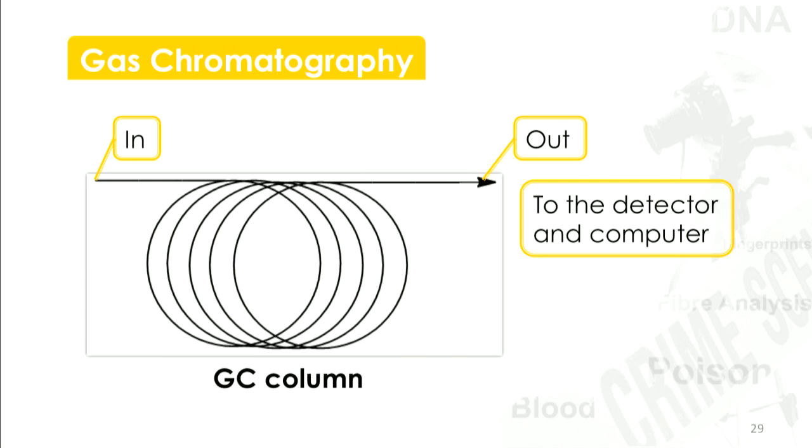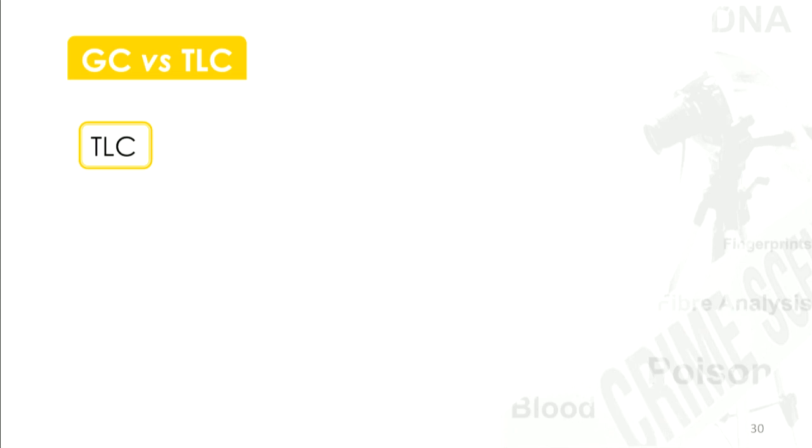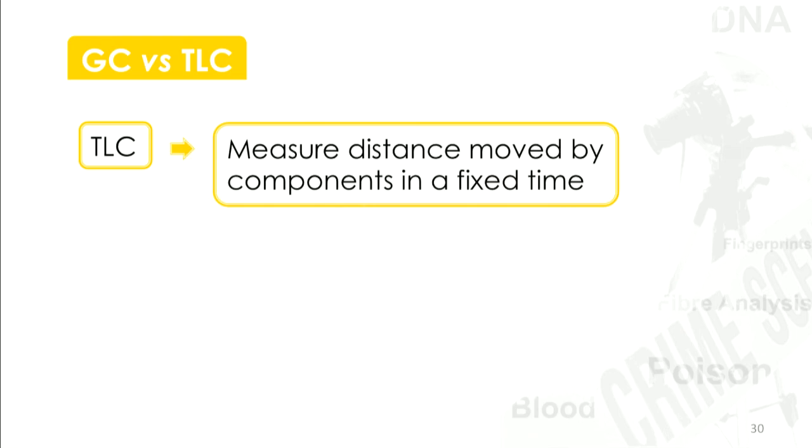So here is another technical difference between TLC and GC. In TLC, we were allowing the mobile phase to move a certain distance, and then we measure the distance moved by the components. That is, the distance moved by the components within a fixed time. In GC, it's different.